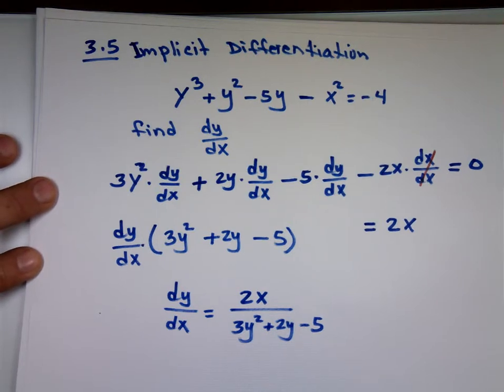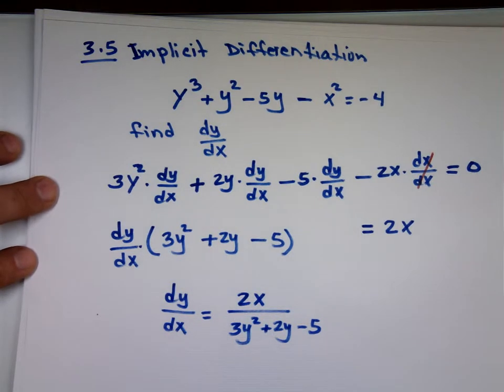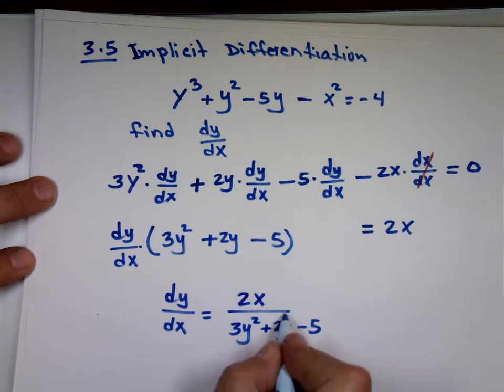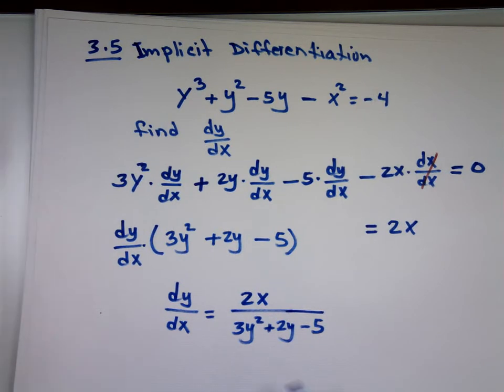So we apply implicit differentiation when we can't solve for y. It's too difficult to solve for y. If you have y equals, there's no reason to use this method. Just go ahead and take the derivative. And notice my derivative depends on x and y here.